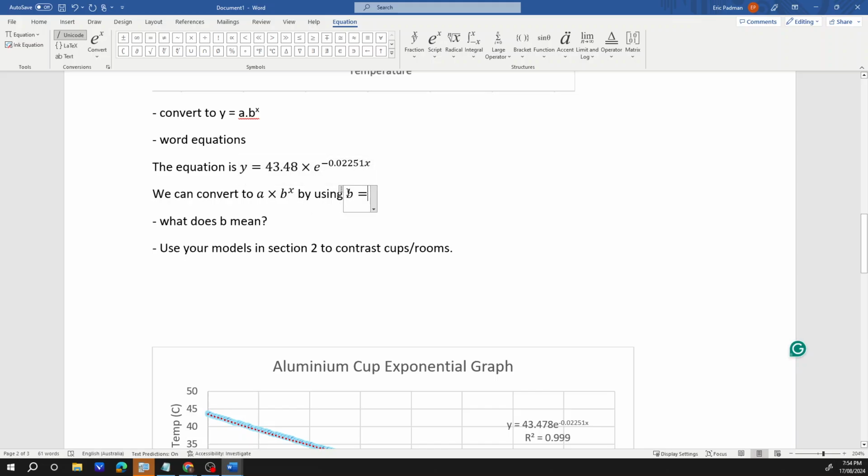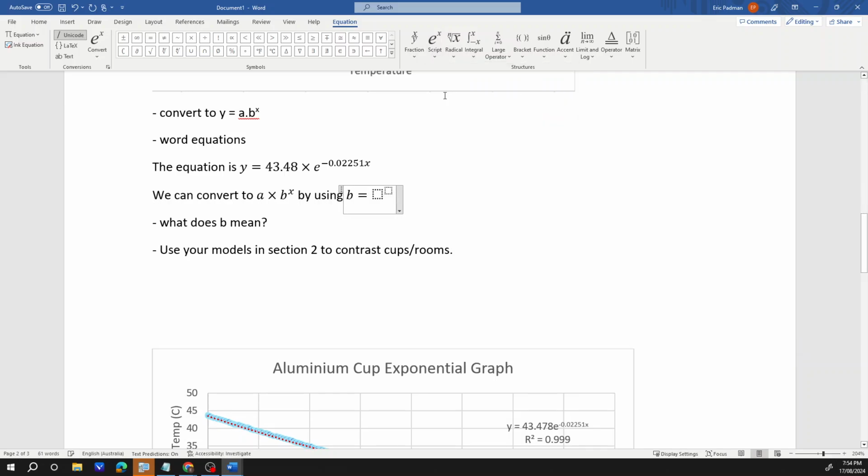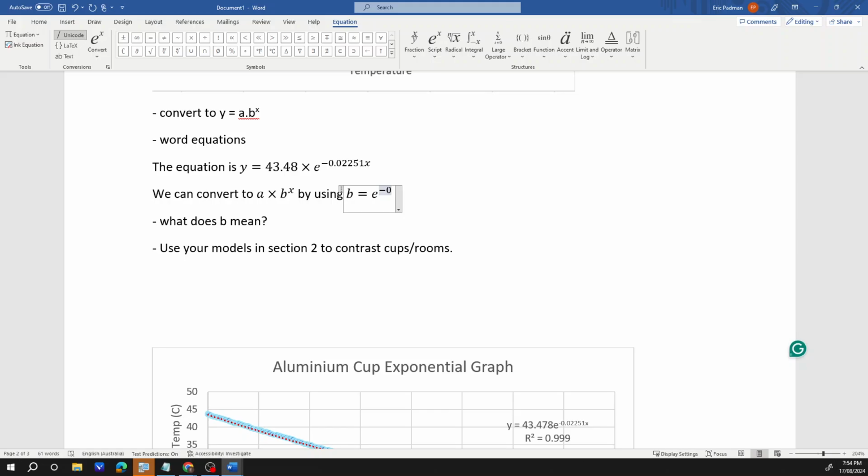E is a number like pi. It is transcendental. It's got a lot of decimal places, like 2.7 something or other. All right, the reason why Excel defaults to this is because it's very easy. I'll just write K for now.